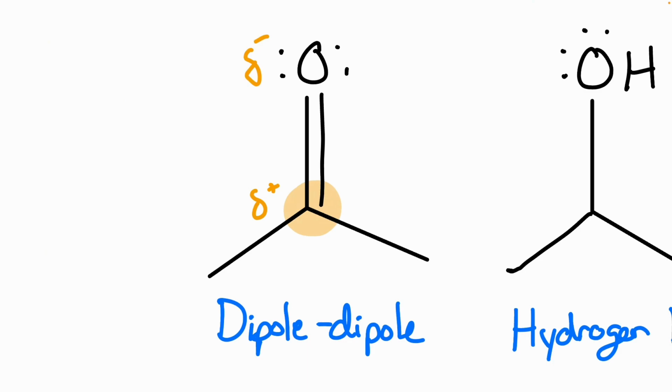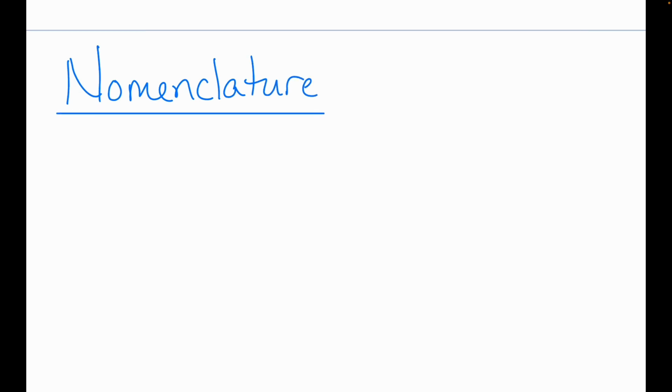We want to jump to the next thing, which is always how we introduce our functional groups, and that is nomenclature. We can just note that both aldehydes and ketones are considered in our nomenclature functional groups with priority.